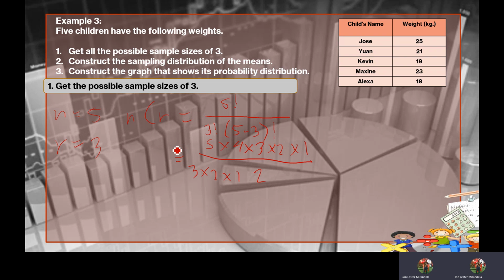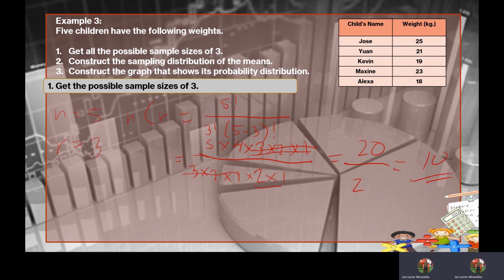So, we have 2 times 1. Cancellation, cancel natin. Ano ba yung same sa ating numerator at denominator? We have 3 times 2 times 1. So, cancel natin si 3 times 2 times 1 sa numerator and sa denominator. Ang natira sa numerator is 5 times 4, so 5 times 4 is 20. Ang natira sa denominator is 2 times 1, equal to 2. Therefore, 20 divided by 2 is equal to 10. So, yun yung shortcut or cancellation method sa pag-solve ng ating combination.